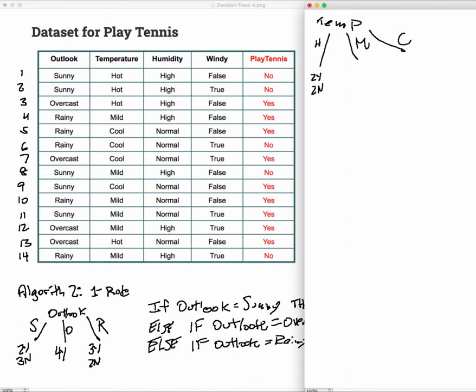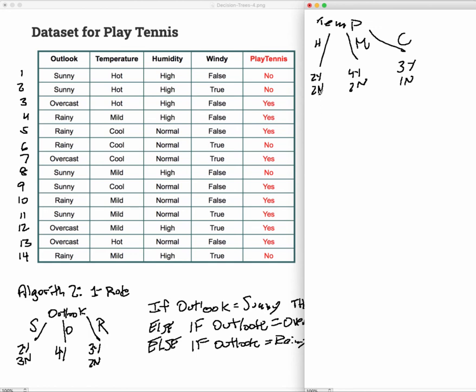This would be 2 to 1, 3 to 1, 4 to 1, 4 to 2. 4 yeses, 2 no's. And when it's cool, I got 1 yes and 1 no, so that's 1 to 1. Here is 2 to 1, 3 to 1. So I got 3 yeses and 1 no. This better add up to 14. Let's see. 2, 4, 8, 10, 14.